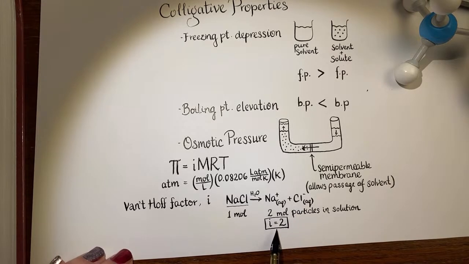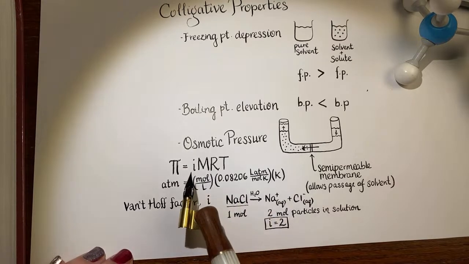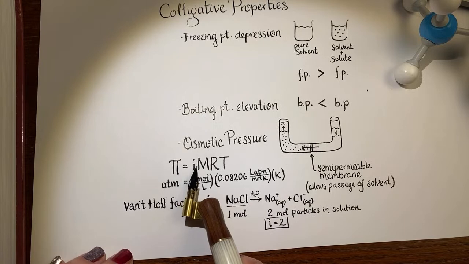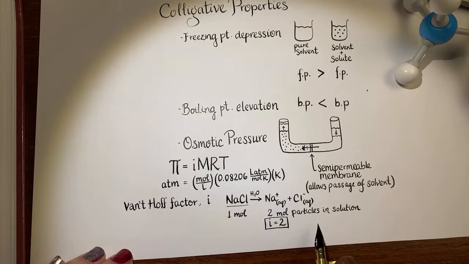So in the case of osmotic pressure, you need to take that into account, and that's why you need to invoke the Van't Hoff Factor and put a 2 right there. Okay.